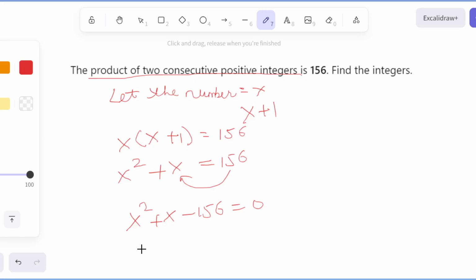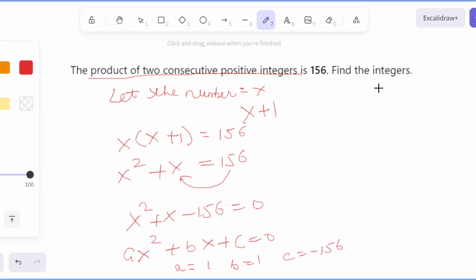And now you can either use the splitting the middle term or you can use the quadratic formula to solve this. Let's use the quadratic formula. So if we compare this with the standard quadratic equation, ax square plus bx plus c equal to 0, a will come out to be 1, b is 1, and c is minus 156.